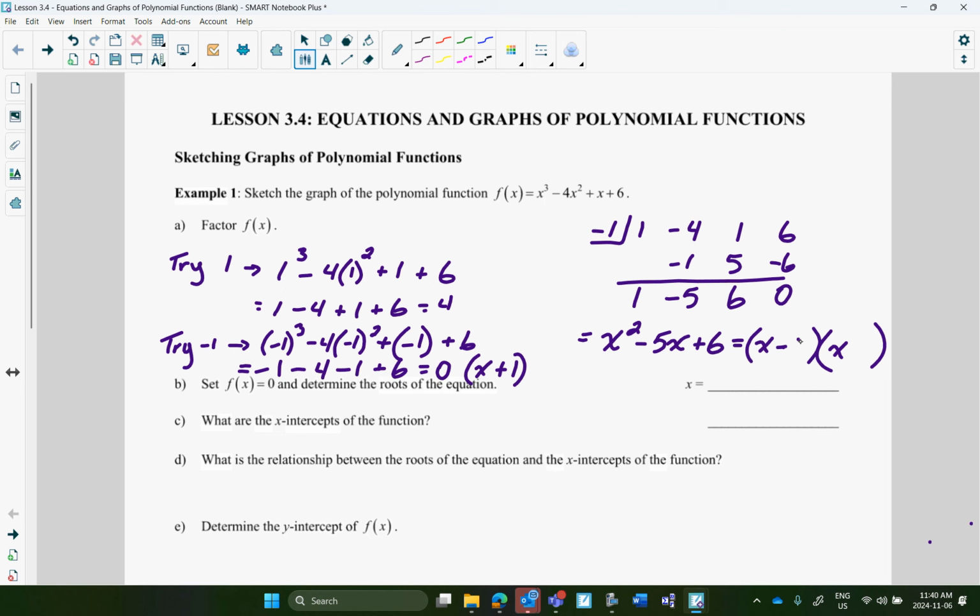Negative 2, negative 3. So I'm just going to write it up here.